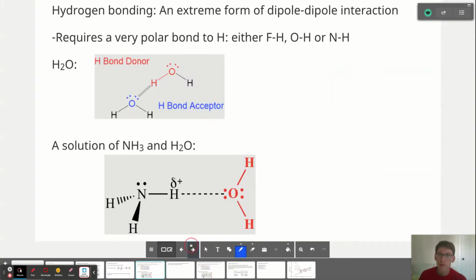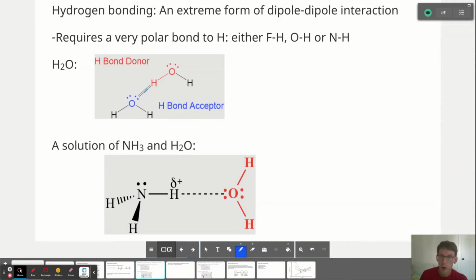So actually, we can talk about hydrogen bonding, which, again, you know from biology. This is a very extreme form of dipole-dipole interaction. If you get really big electronegativity differences, then you're more likely to have a strong dipole interaction, and that comes up when we get to hydrogen bonding.